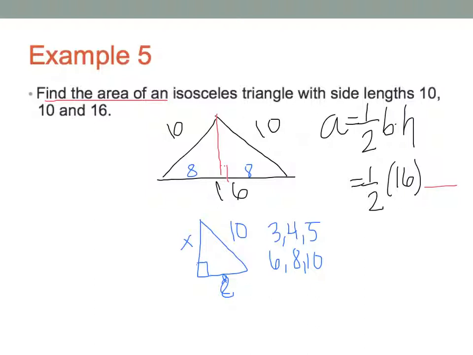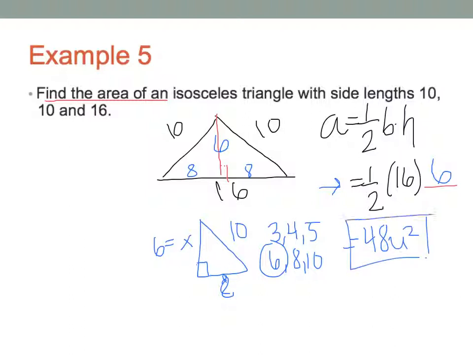So now we have that x is 6, and that's also what this height is over here. So plugging it back into our formula, we have 1/2 times the base, which is 16, times our height, which is 6. And if I simplify that, I get 48 units squared.